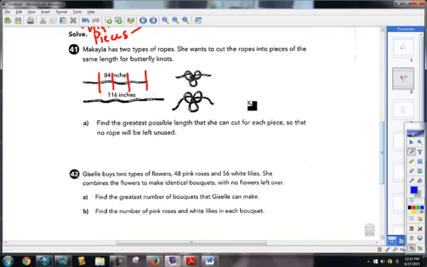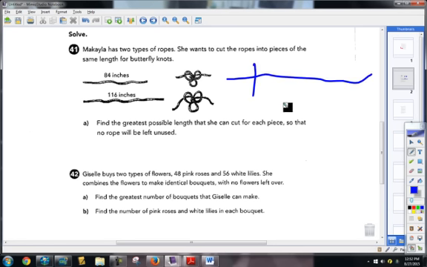So let's do number 41 together. Michaela has two types of ropes. She wants to cut the ropes into pieces of the same length for butterfly knots. So basically, she's got this rope here. She wants to take it and cut it like that, like I did earlier.